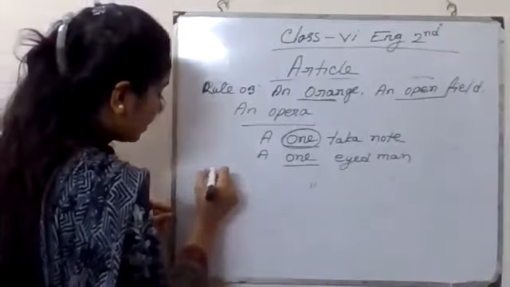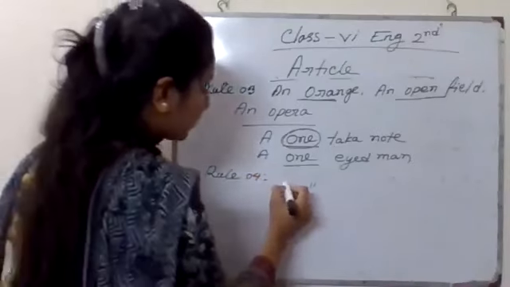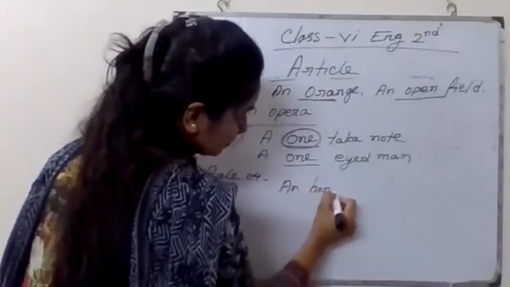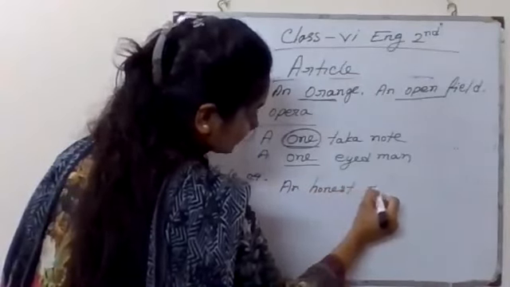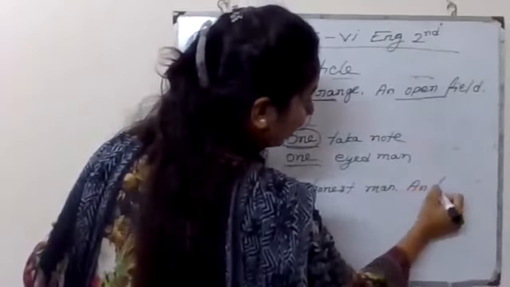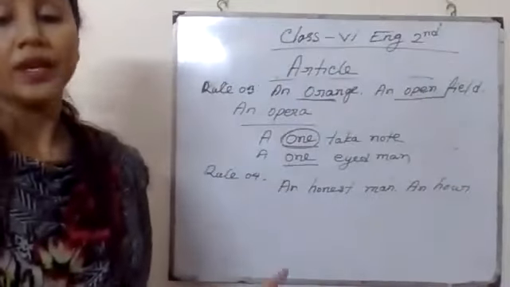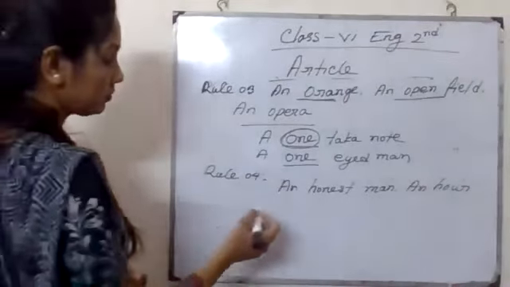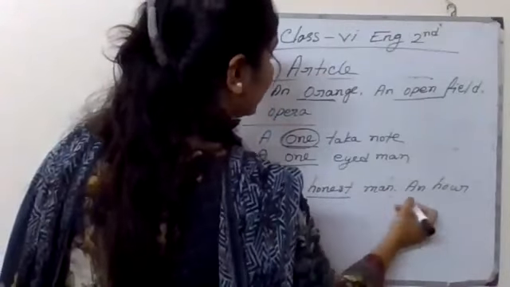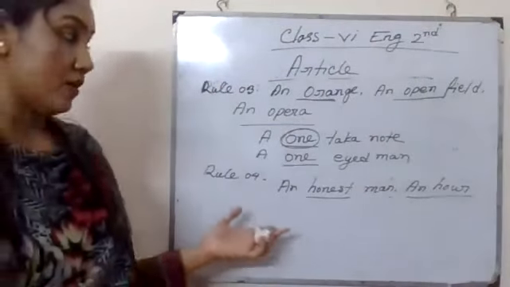Okay. Next, rule 4. An honest man, and an hour. So boys, another rule is that A, E, I, O, U are our vowels.